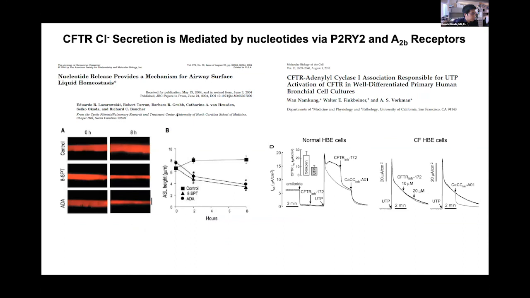And then next we utilize the already known nucleotides that can regulate CFTR activity, mediated by specific receptors such as P2RY2 and adenosine receptors. So these are already known: CFTR secretion is mediated by these receptors by nucleotides.